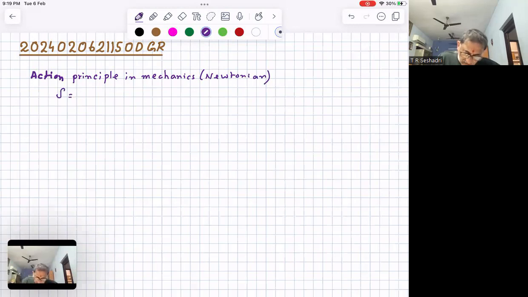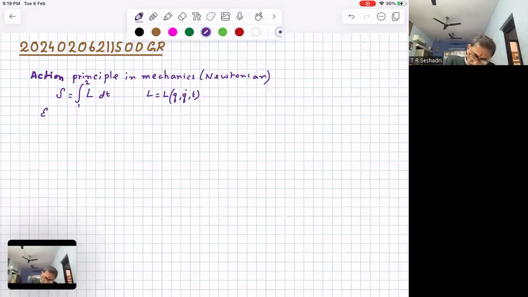And here we have action is equal to the integral of some quantity called the Lagrangian times dt, where the Lagrangian in general depends on position, velocity, and t. And this is from 1 to 2.